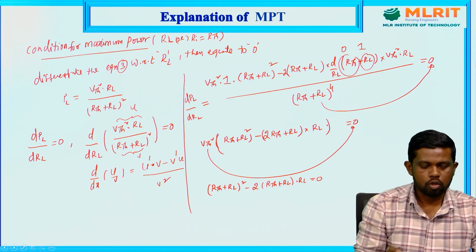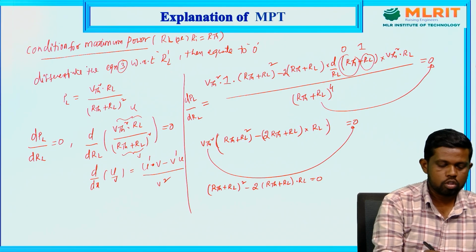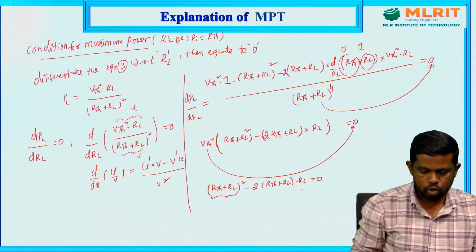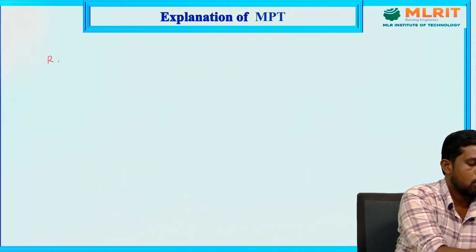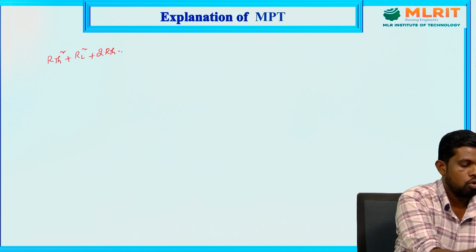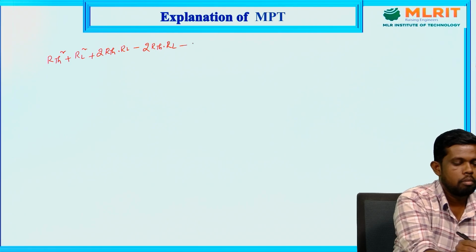Only these parameters are left. For the further steps, this looks like (a plus b) whole square. We need to expand (a plus b) whole square here and simplify the remaining terms, and we will get RTH square plus RL square plus 2 times RTH into RL minus 2 times RTH into RL minus 2 times RL square equal to 0.